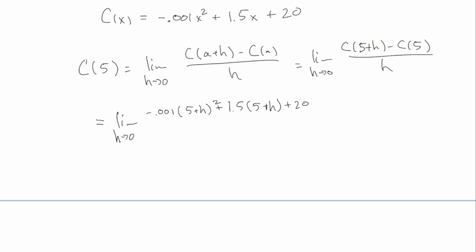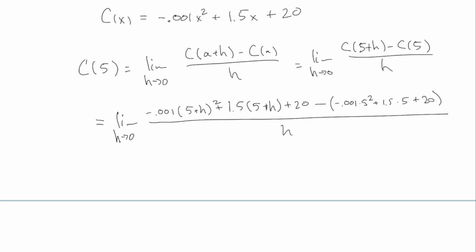So continuing the numerator, I now see minus, and then c of 5. C of 5 means you go up here and plug in 5 for x everywhere. So this looks like, don't forget the parentheses here, 0.001 times 5 squared plus 1.5 times 5 plus 20, like so.